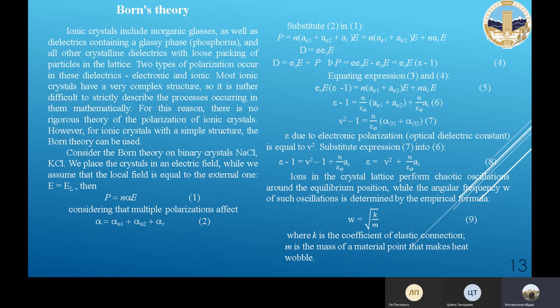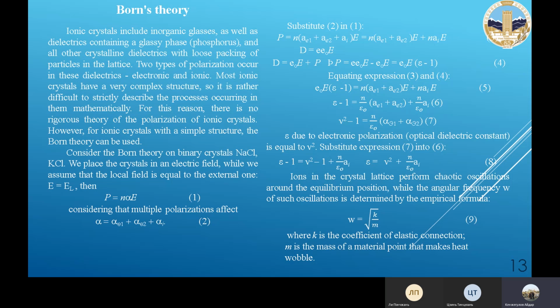Most ionic crystals have a very complex structure, so it is rather difficult to describe the processes occurring in them mathematically. For this reason, there is no rigorous theory of the polarization of ionic crystals. However, for ionic crystals with simple structure, the Born theory can be used.